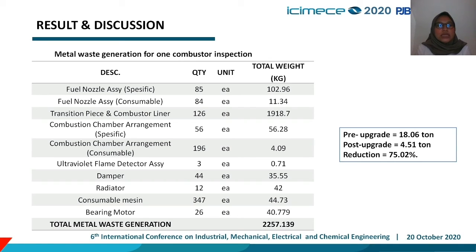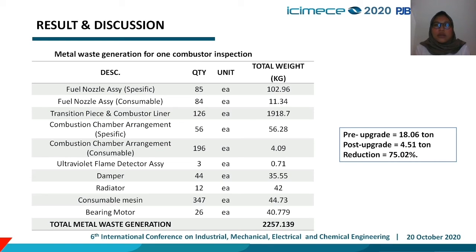And then this table shows the reduction potential for each component that required replacement in combustor inspection. So by dismissing one combustor inspection, we can reduce about 2.26 ton of metal waste for a year.